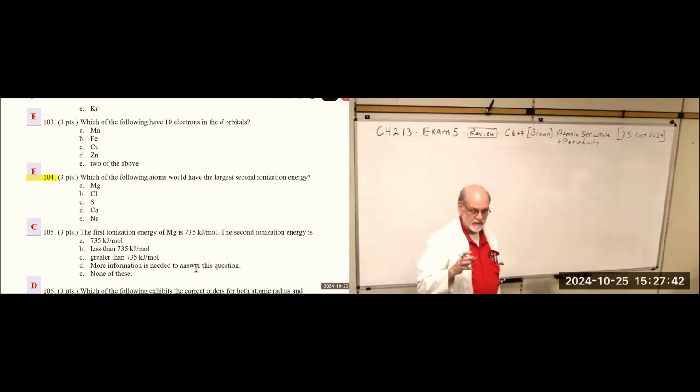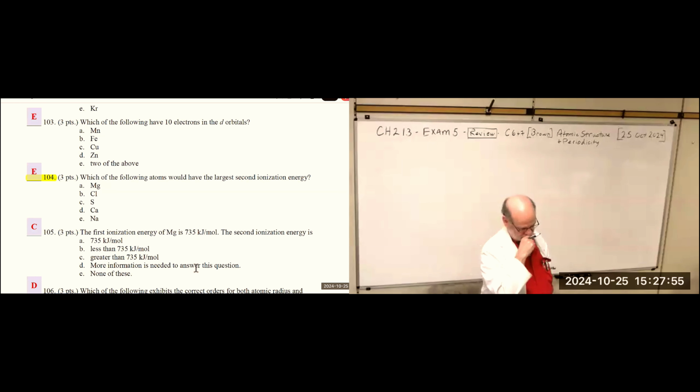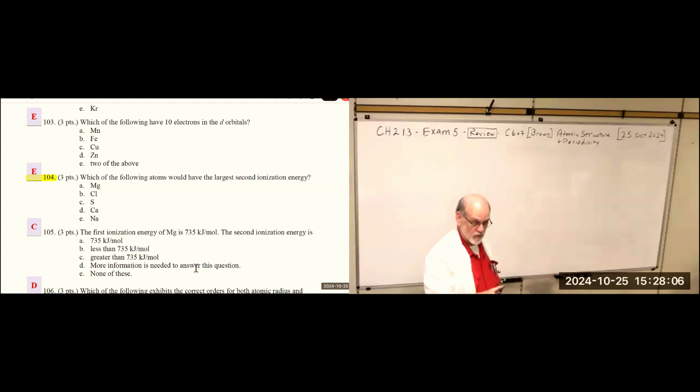If the second electron is coming from the core, that means the first electron has to be coming from the alkali metals, because that would take out 1 valence electron and then you'd be immediately into the core. So the only one that works there is sodium, right? The rest of them don't work for the second ionization energy. At least when we're saying which one is the largest. Once you get into the core, you're talking about massive amounts of energy required.